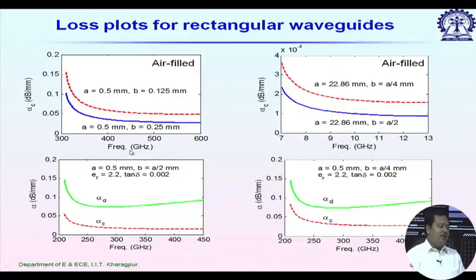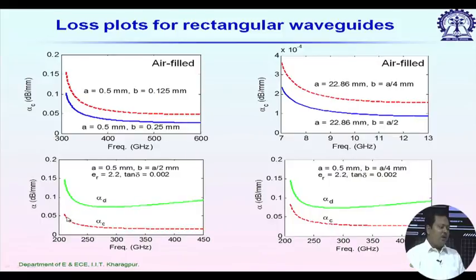Now let us introduce some dielectric inside the waveguiding structure. So, the same waveguide with similar dimension, but we are using a dielectric material of dielectric constant 2.2 and loss tangent 0.002.